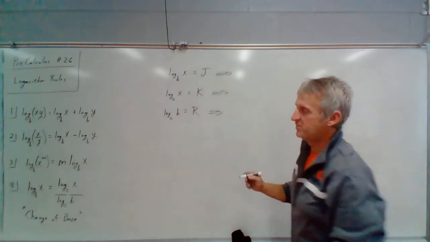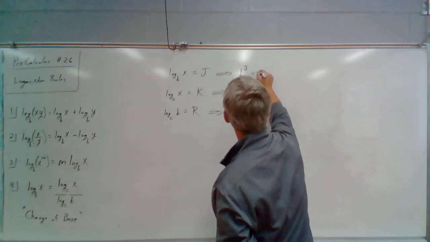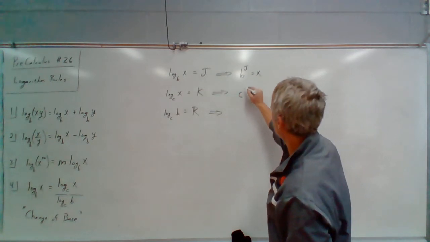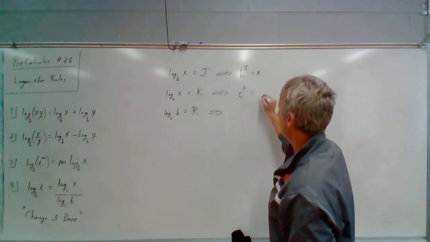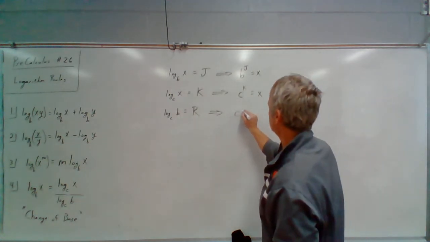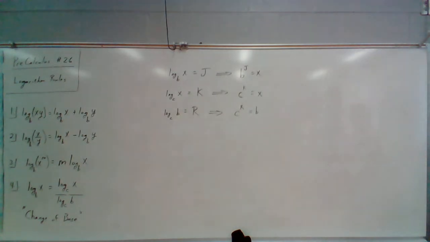This one means B to the J equals X. This one means C to the K equals X. And this one means C to the R equals B.